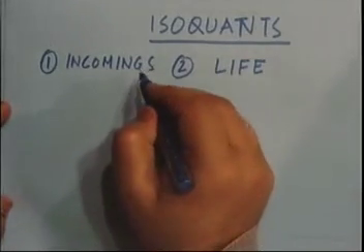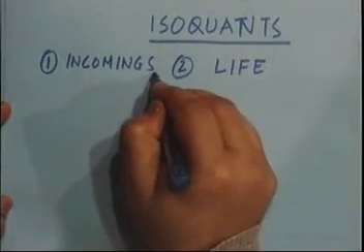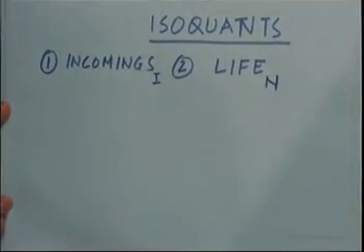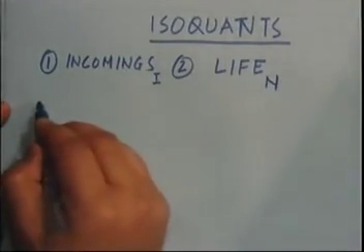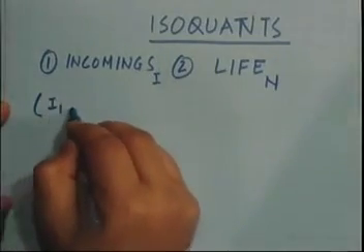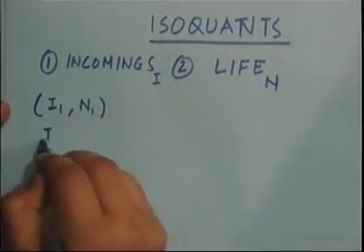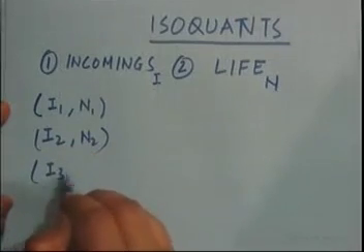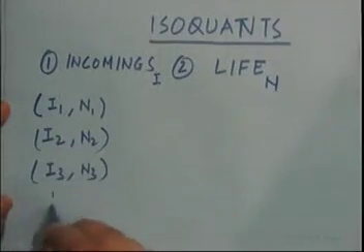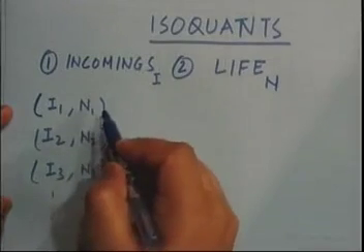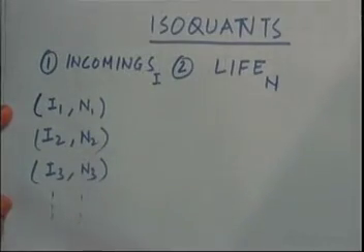So if you represent incomings with, let's say, I and life with n, so basically I am interested in finding the values of I1 n1, I2 n2, I3 n3 and so on, such that my net present worth at these very points are 0.